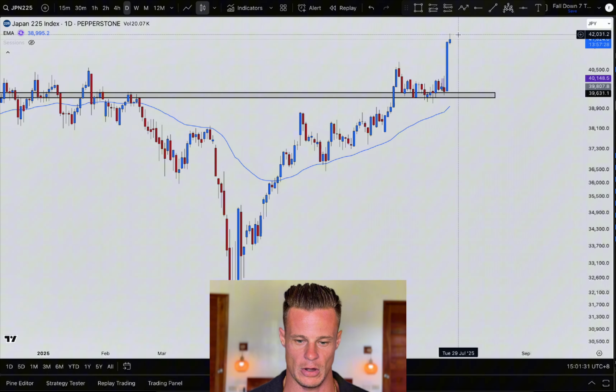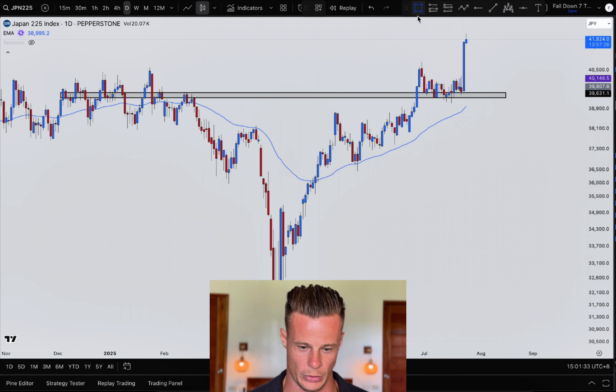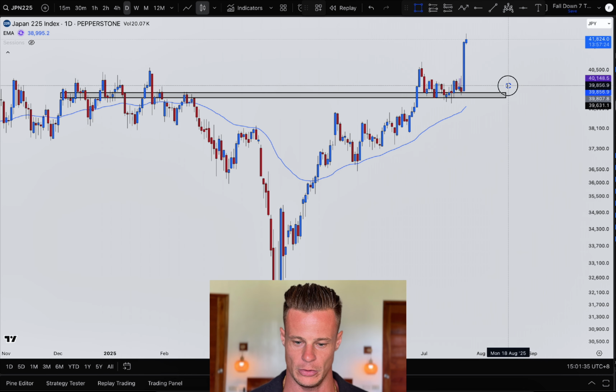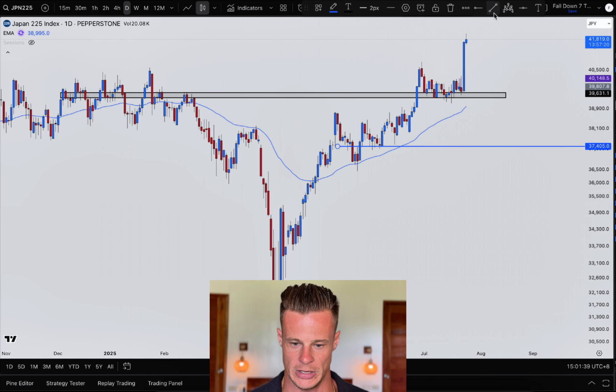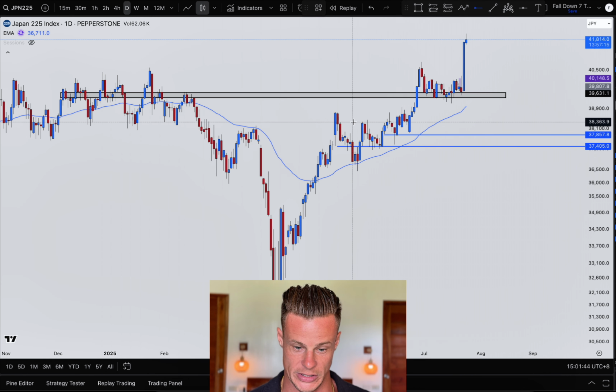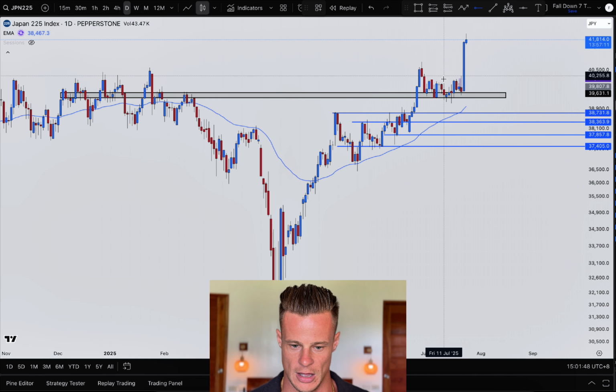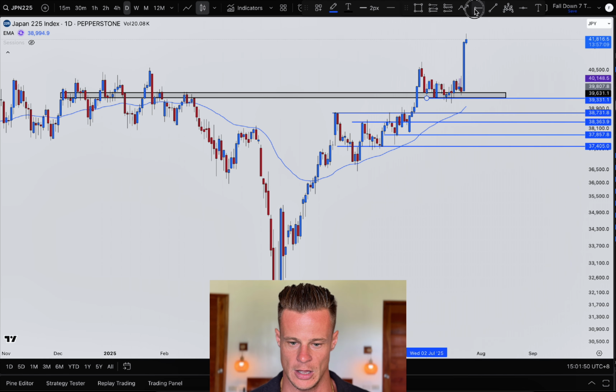Because if you just draw resistance or support anywhere on the charts, like I see some of you guys draw: support here, support here, support or resistance here, another resistance here, another support here, another support here.